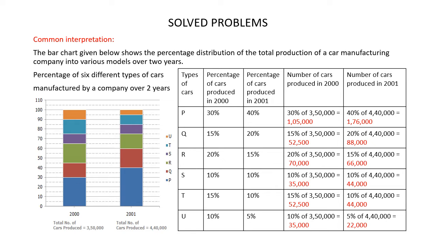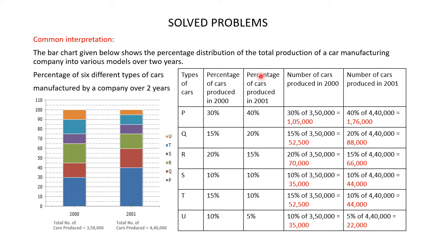Now let's understand how to do the common interpretation. First, let's put all the data given in this bar graph in the form of a table. Now each of the rows of the table is for the different types of cars: P, Q, R, S, T and U. Now this column is for percentage of cars produced in the year 2000.